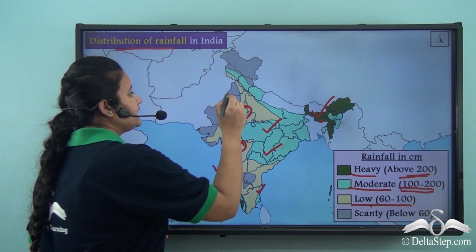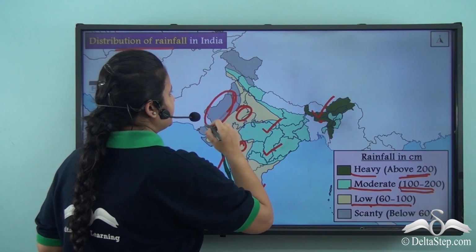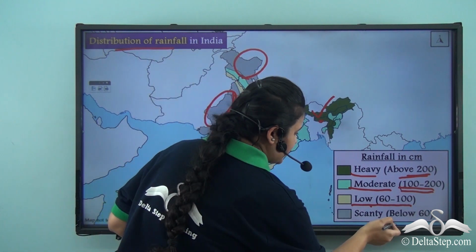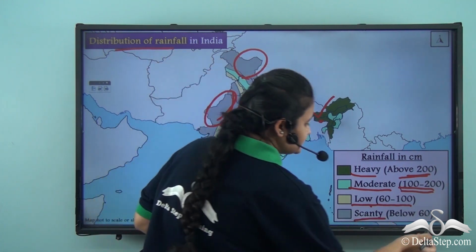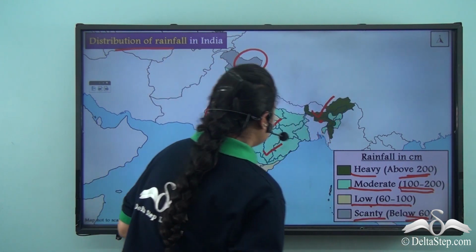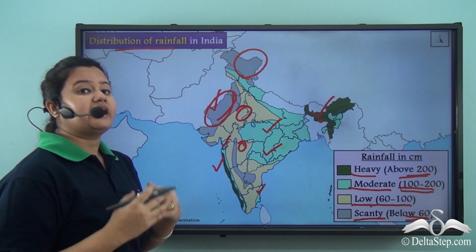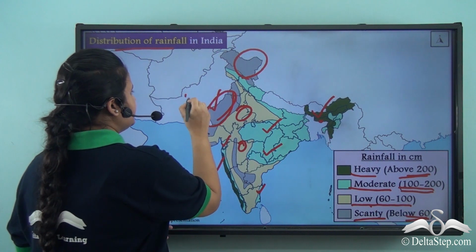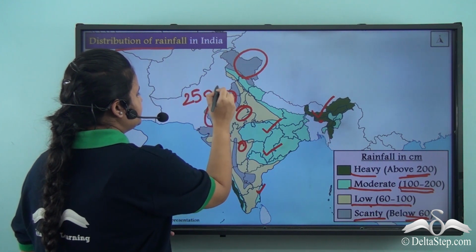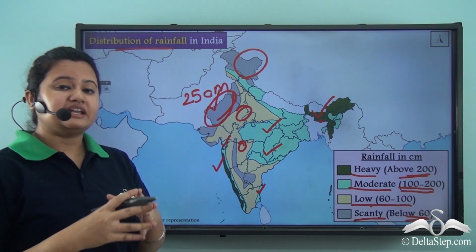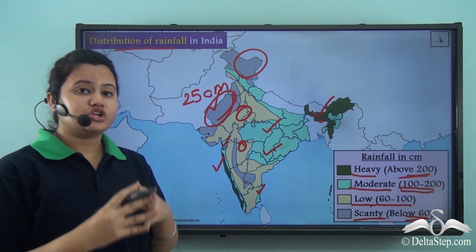And finally, the northwestern part of India and the northernmost part of India receive scanty rainfall below 60 centimeter. In fact, Thar Desert, which is located here, receives an annual rainfall of less than 25 centimeter. In fact, these regions in India are very dry.